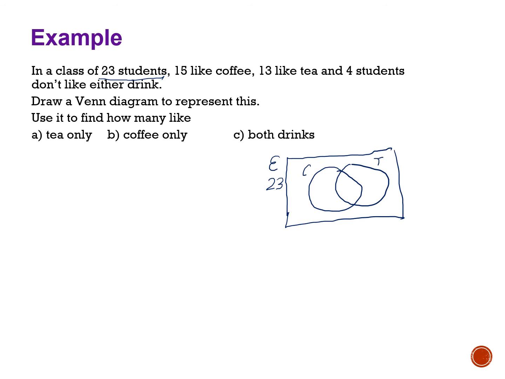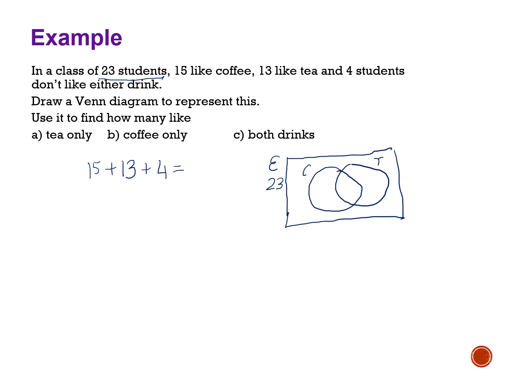Right, before I start filling it in then, I need to have a think about how many are going to be in that intersection. Right, if I look at the people that are mentioned in my question, in total, they've mentioned 15 like coffee, they've mentioned 13 like tea, and they mentioned 4 don't like either.